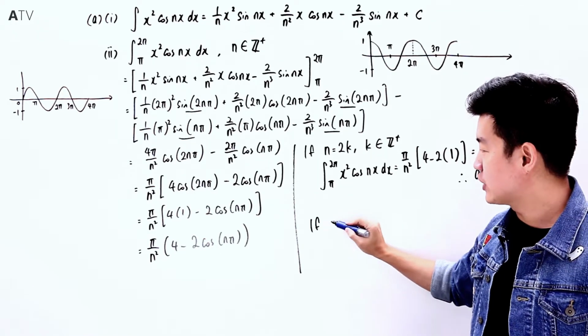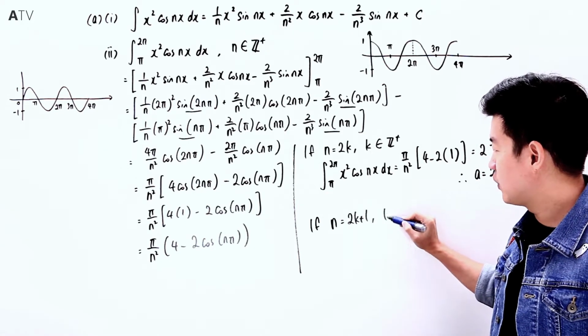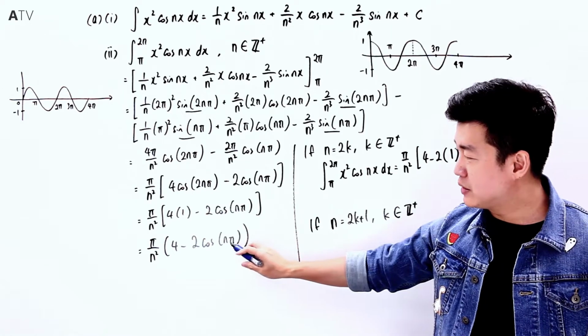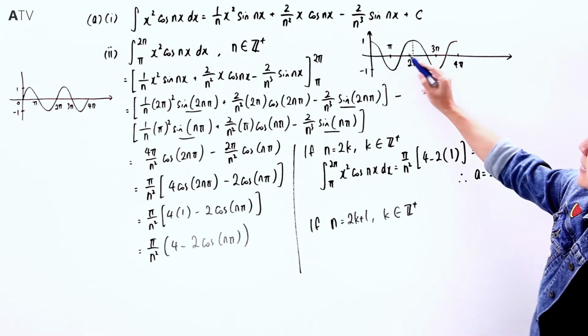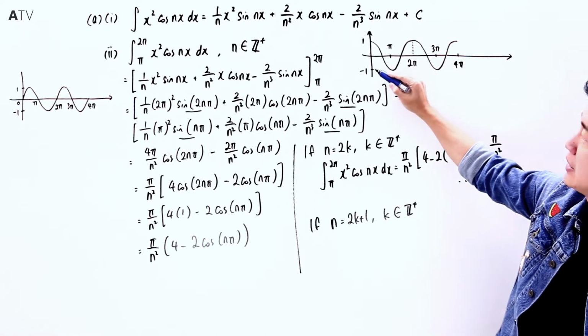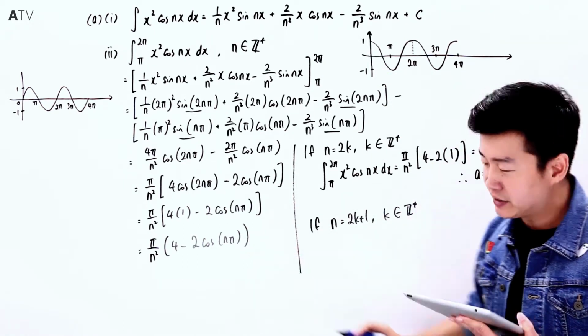And if n is odd, for example 2k+1, where k is also a positive integer, then for odd multiples of π, the output of cosine of the angle is always going to be -1.